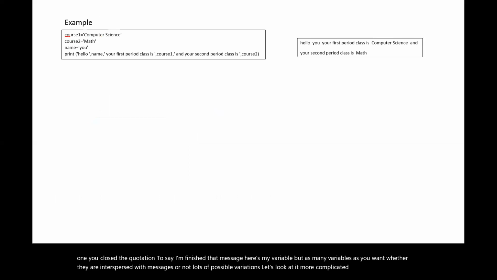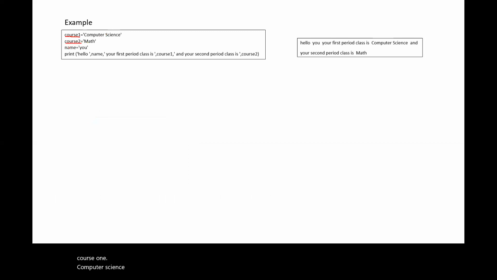I'm calling course 1 computer science, course 2 math, and for the name, you. What will happen when we say print hello name? Your first period class is course 1, and your second period class is course 2. The computer takes the word hello and puts it on the screen.